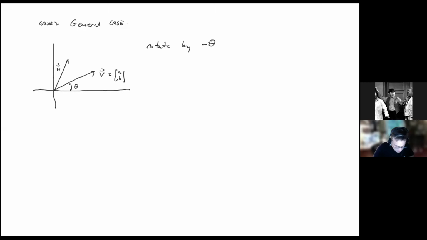That won't change the area if we just do a rigid rotation of the parallelogram, so that this gives a parallelogram which sits on the x-axis.